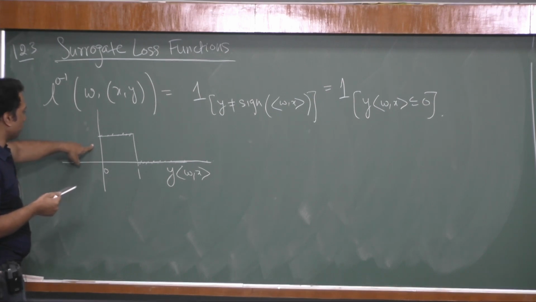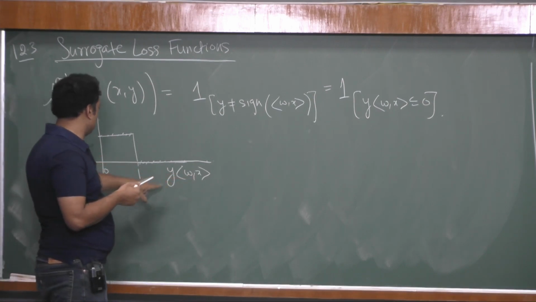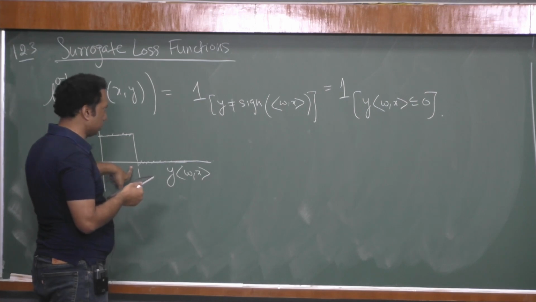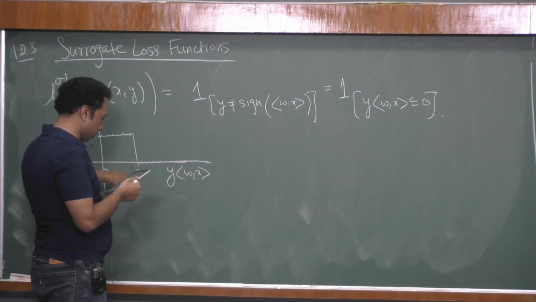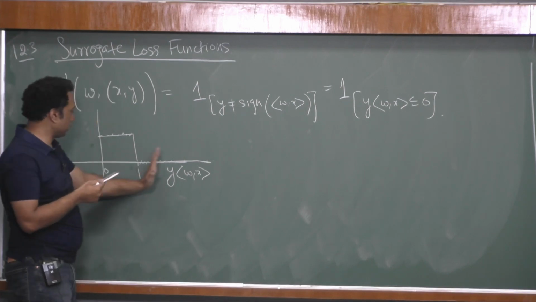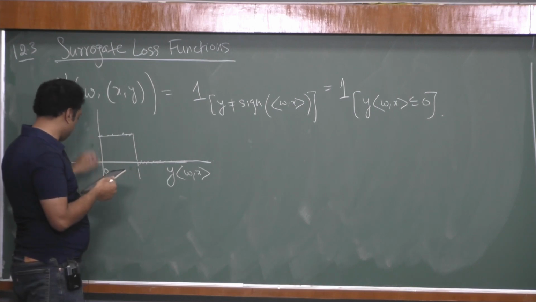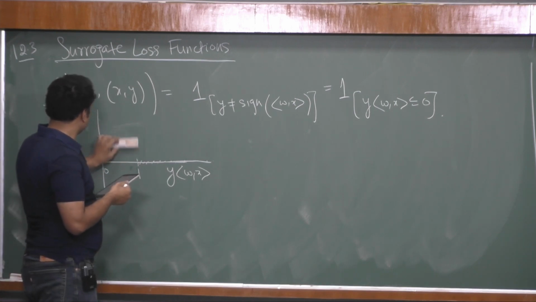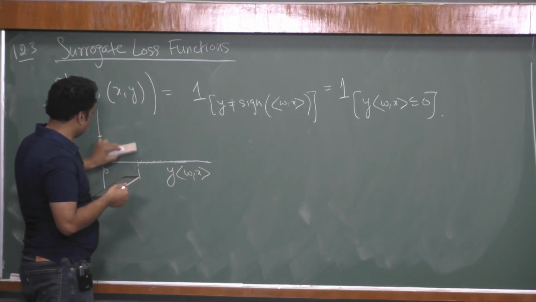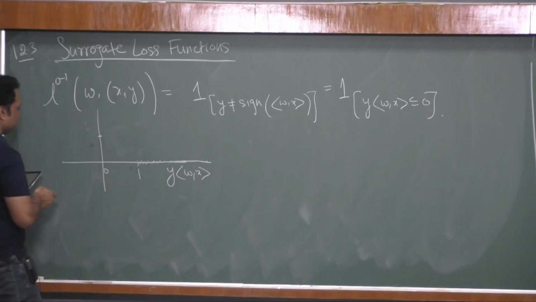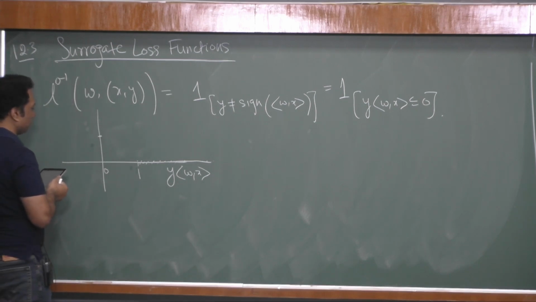So if y times Wx is, did I draw it correctly? So this was supposed to be 0, right? Maybe I should have drawn it from here.